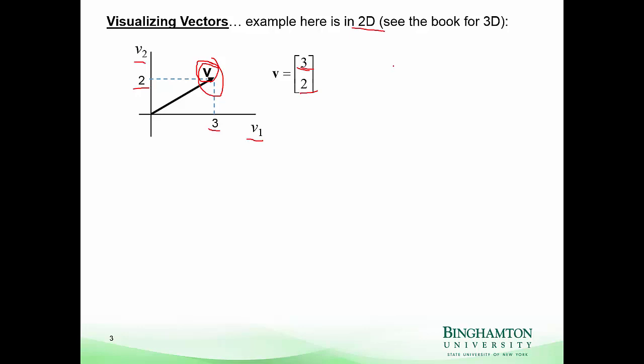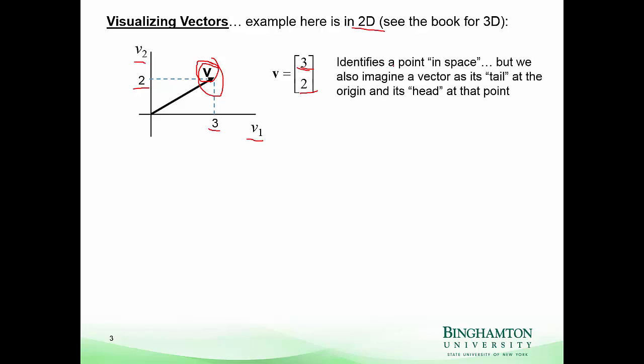And there's a picture in the book that shows the three-dimensional case, so you should take a look there. What we're really talking about is, even though we draw the whole vector, we're really defining this point in space. But we think about it as the tail of an arrow goes at the origin and the tip goes out to the point.